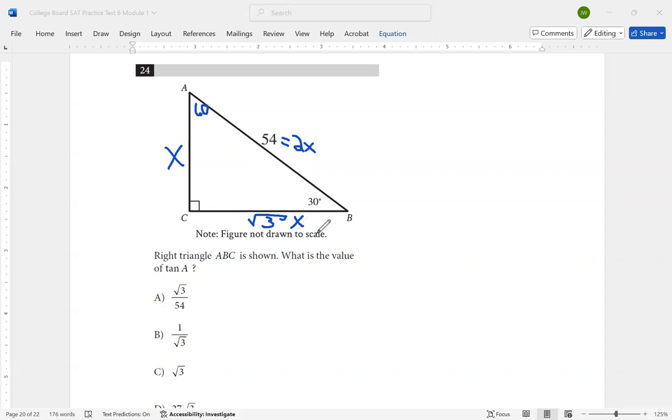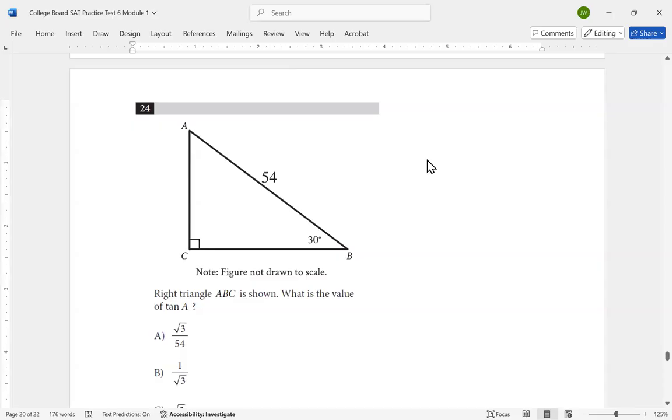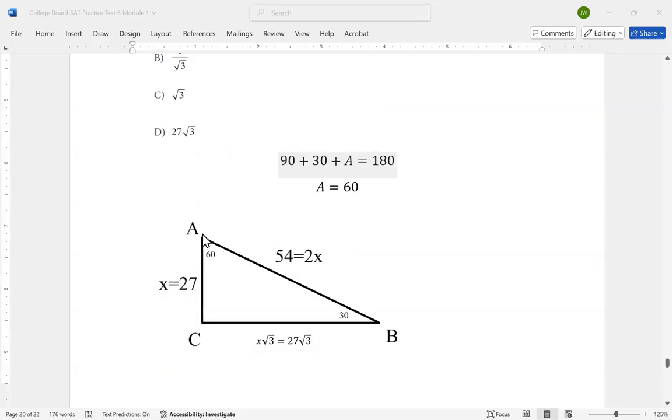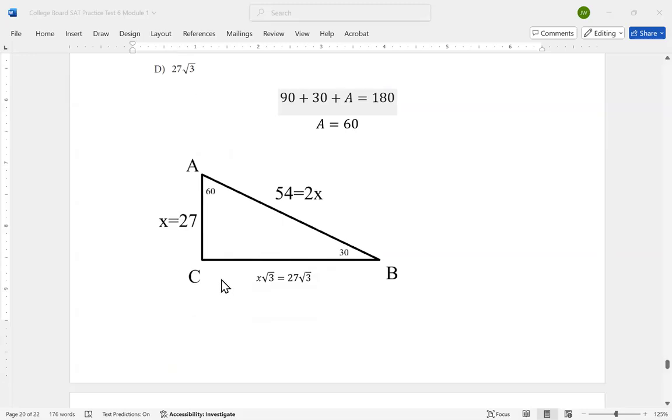So let me draw that a little bit nicer than writing on here. I'll actually draw the picture and put that up in this problem. So here we go. My triangle looks a little bit different just because of the sizes, but none of these triangles are drawn to scale anyways. We can see that, like I said, 2x has to be 54 because of the special right triangle.